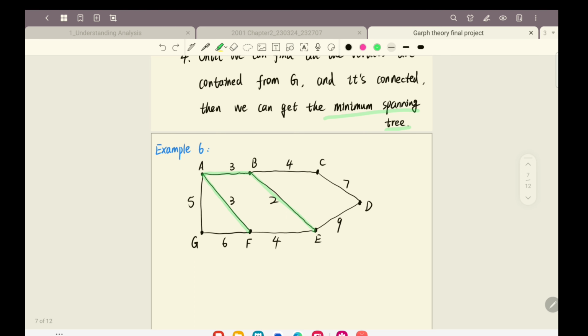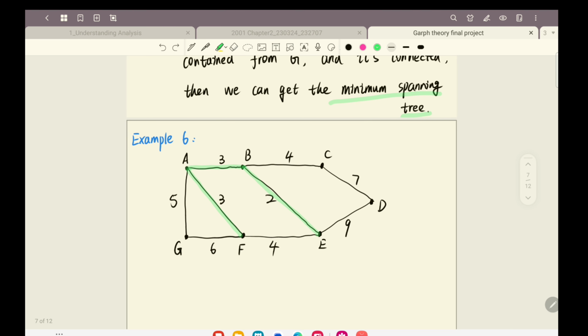So skipping this edge, we can find BC. And the next is 5, AG. And GF is not permitted because it creates a cycle, so skip it. And the next after 6 is 7, so CD.